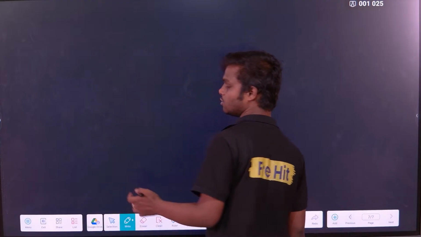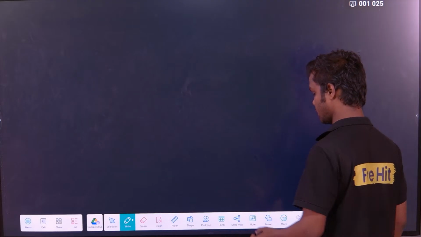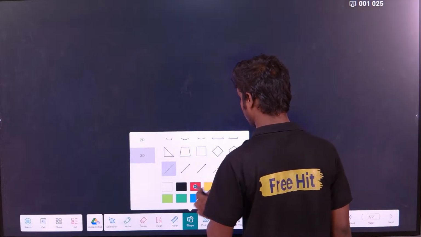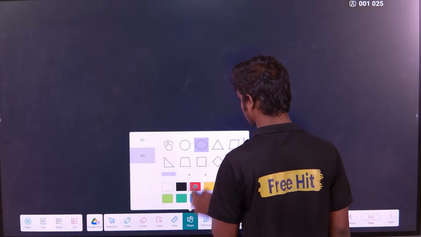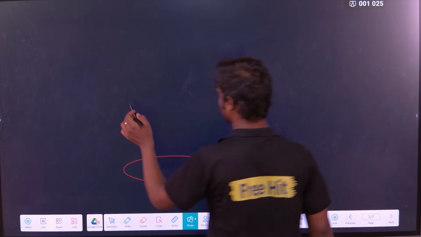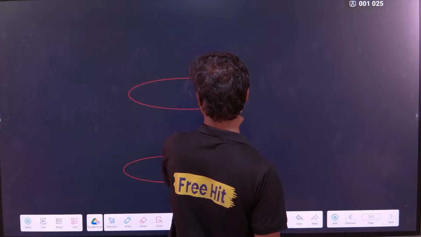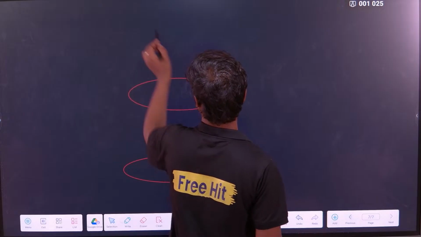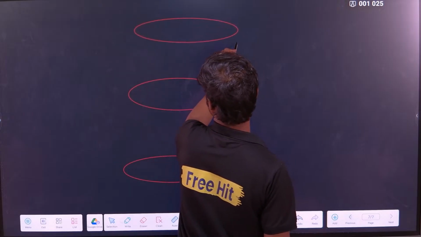Now let me give you a formula sheet which is going to be very important for you. This is a conversion formula.